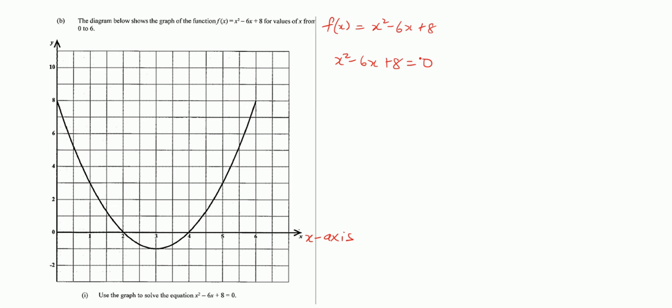It cuts the x-axis at this point here, the coordinates of which are 2, 0. It cuts the x-axis at this point here, which is 4, 0. So, using the graph to solve the equation, x is equal to 2 and x is also equal to 4. That is the answer for this part.